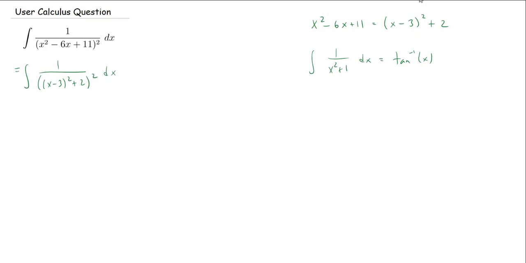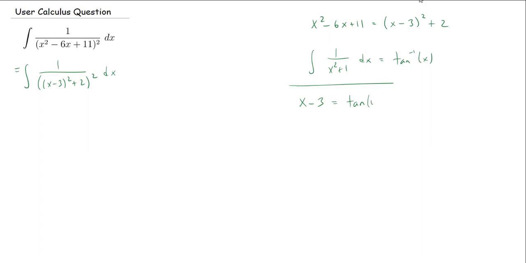I think it should be something like an arctan, and this tells me that I actually want to do a tangent substitution. Now, if this is just x squared, then I would make x equal to tangent. But a little shift by a constant doesn't bother me too much. So instead of x equaling tangent of something, I'm just going to let x minus 3 equal a tangent.